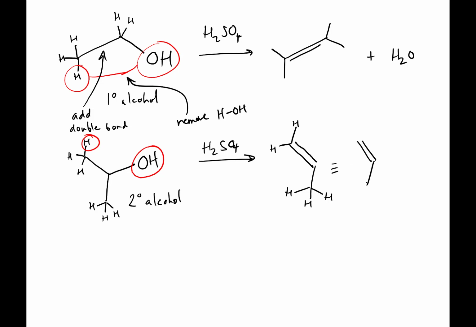That's the line angle form of it. Sorry, up here I didn't put the H's. That's not good. Okay, there they are. And don't be surprised if you see it written like this, right? That's really the line angle form of what we've drawn above. Okay, all right, secondary alcohol.